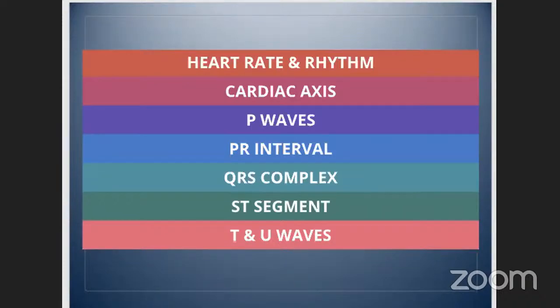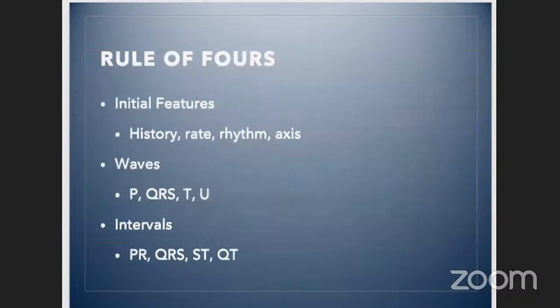So outlined here, we know first is to look at our heart rate and decide the rhythm, regular or irregular. Then cardiac axis, then our waves, then our intervals, and looking at the different QRS complexes. And yes, it really is beautiful, and hopefully that will come through as we run through this.